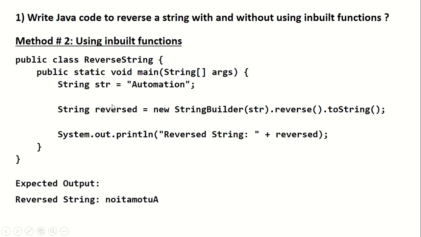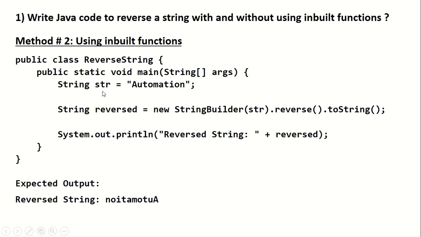There are multiple ways where we can do that. One is string builder and another is string buffer. Here we have used the string builder, and there are a couple of methods in the string builder like reverse, so we can use that and reverse the string.